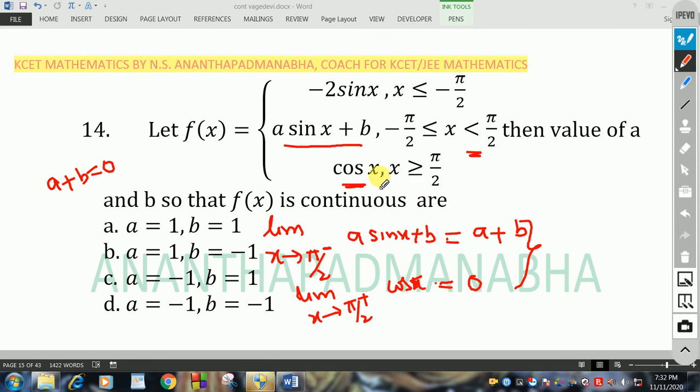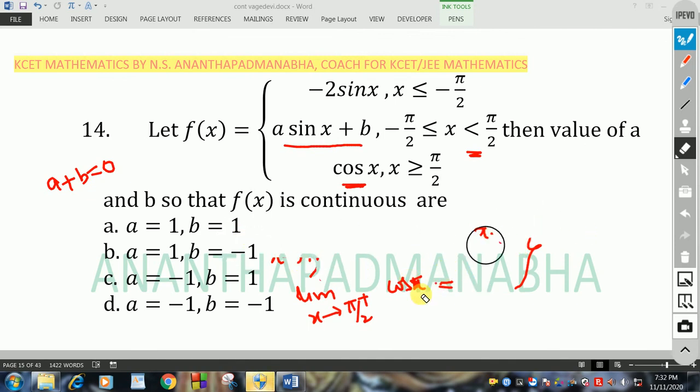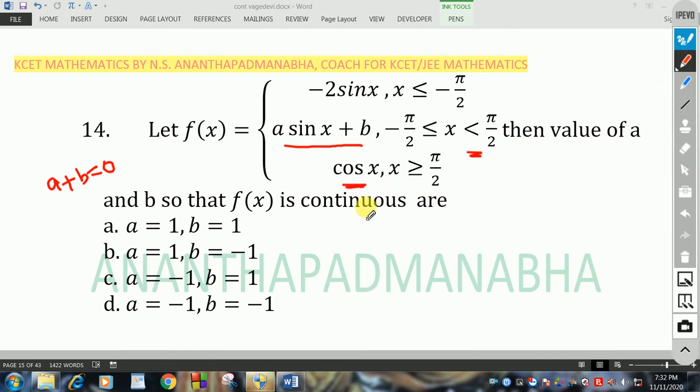Next, let us look at minus pi by 2. So I will take minus pi by 2, left hand limit and right hand limit here. I will erase this. That is limit as x tends to minus pi by 2 minus, that is left hand limit.